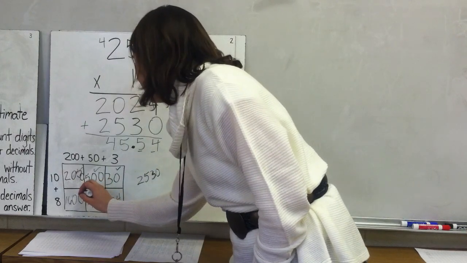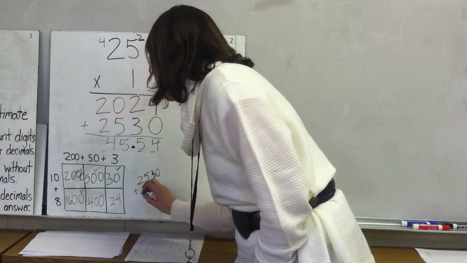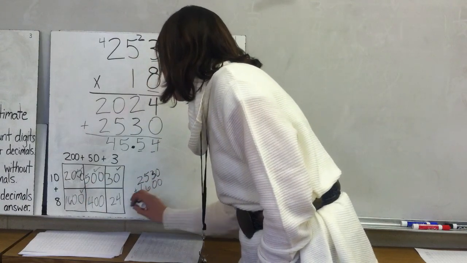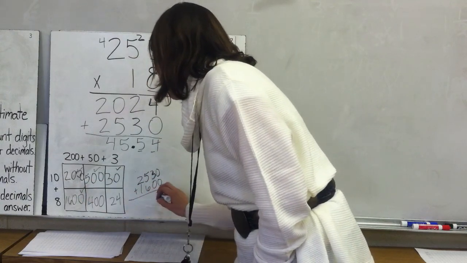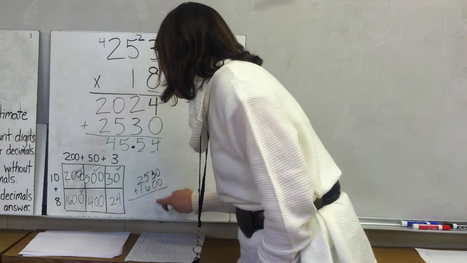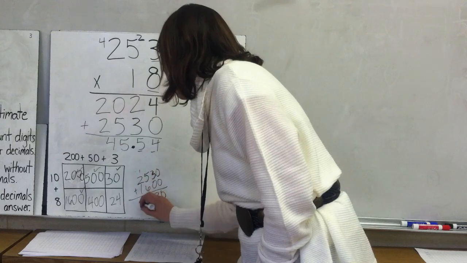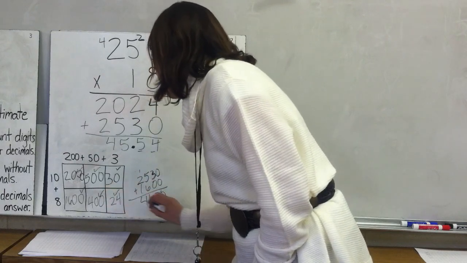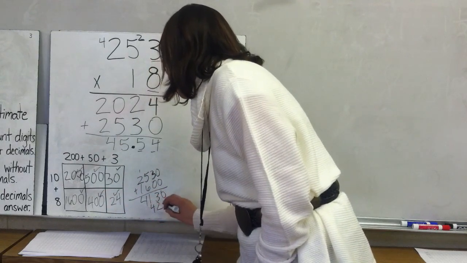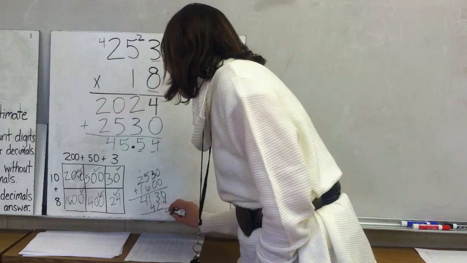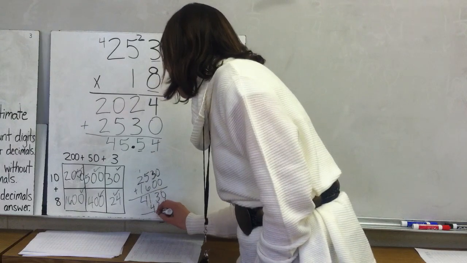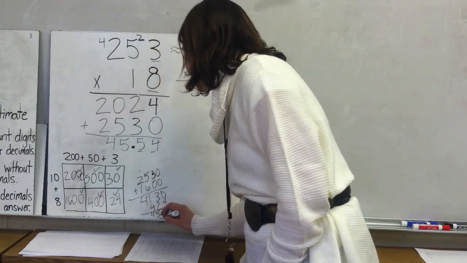Down here, we'd have 1,600 plus 424. And we get the same answer here, and we put our decimal right here.